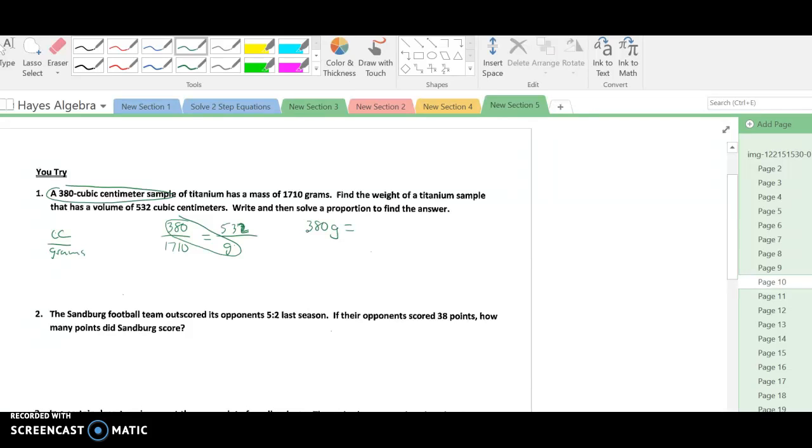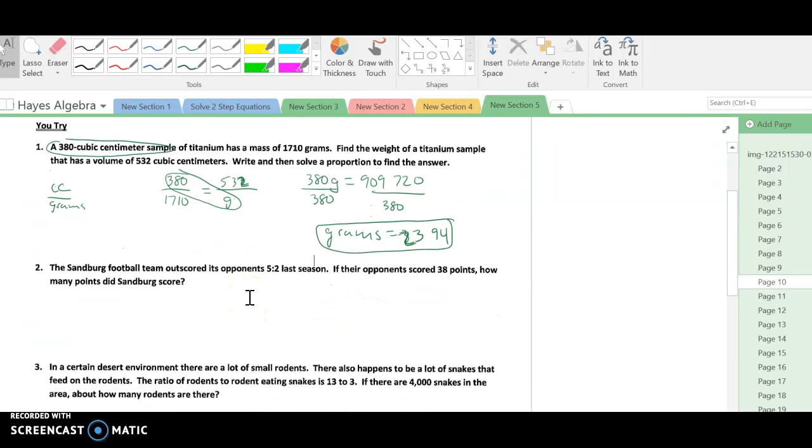Then 532 times 1710 gives you 909,720. And now when I divide that by 380, you should get 2,394 grams. Okay.